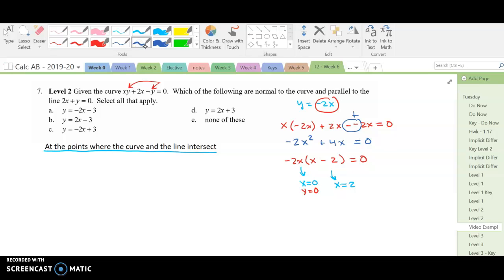The other one, I'll plug x in. 2y plus 2 times 2 minus y equals 0, or 2y minus y is y, plus 4 equals 0, y equals negative 4. So those are the 2 points where the line and the curve meet.